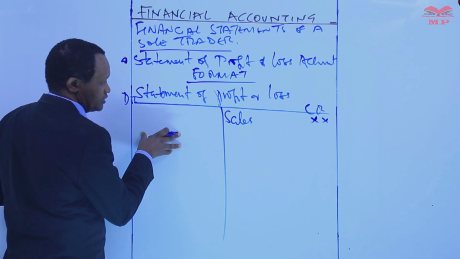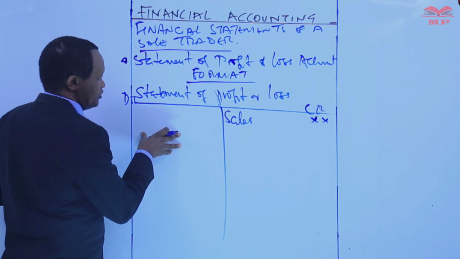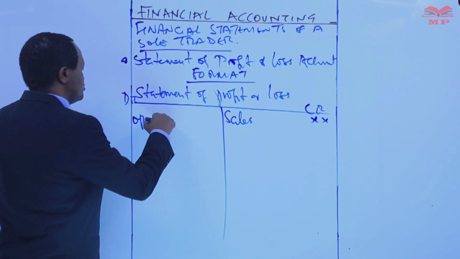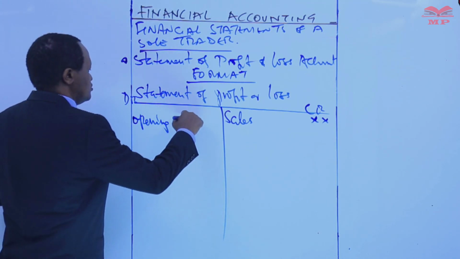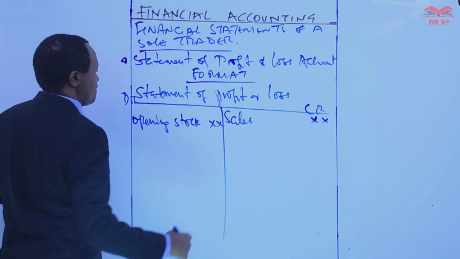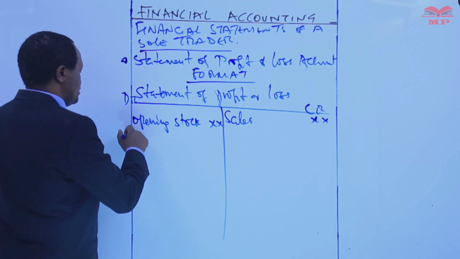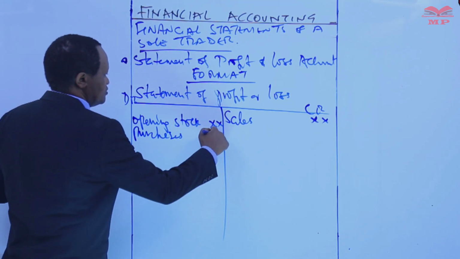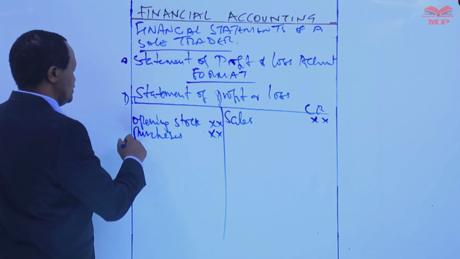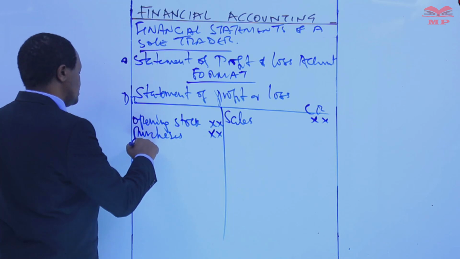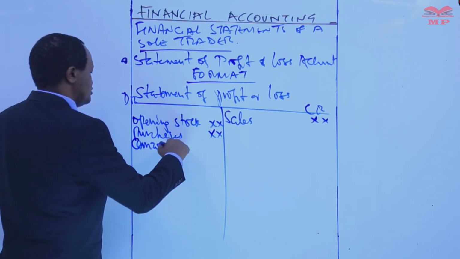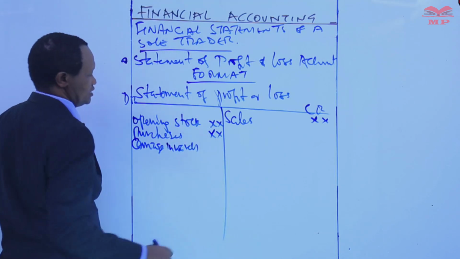Here we'll have the opening stock, we add purchases, and if there is carriage inwards, we add it here.